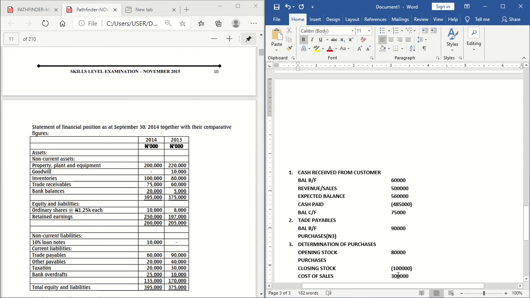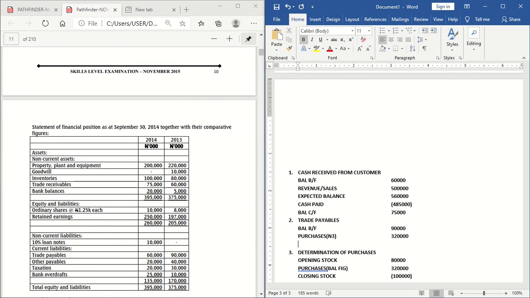So I can go back to my calculator and say that 80 plus the balancing figure will definitely be 320,000. So I will come back to my working note 2. Under my trade payables, my purchases has been determined to be 320,000.